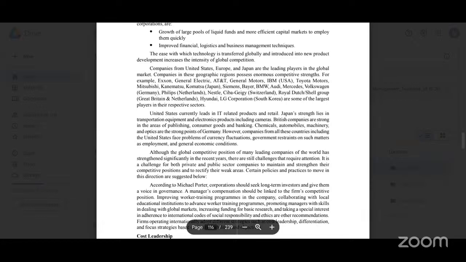We can also consider automobile players like Honda, BMW, Audi, Mercedes, Volkswagen, which is from Germany, or Philips, as in lighting and home solutions from Netherlands, Nestle, into multiple food and related products. Sensodyne, that is into toothpaste, is from Switzerland. Shell, which is Royal Dutch Shell, which is fuel, etc. So they have become some of the largest players in their respective sectors.